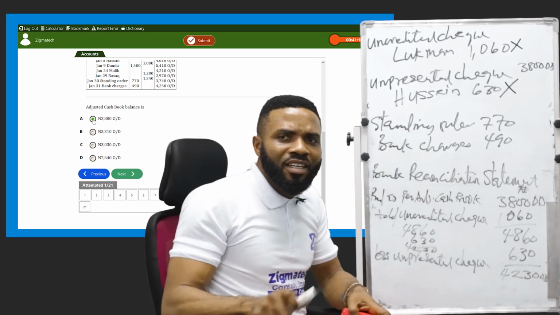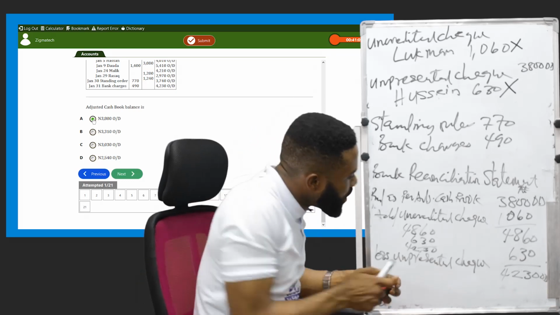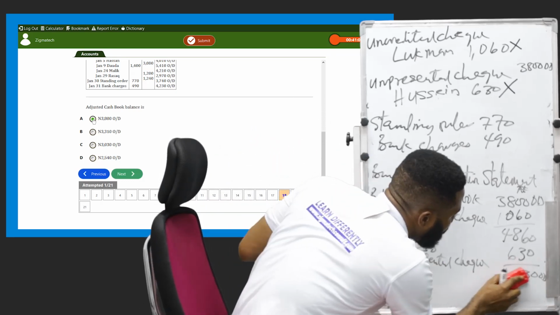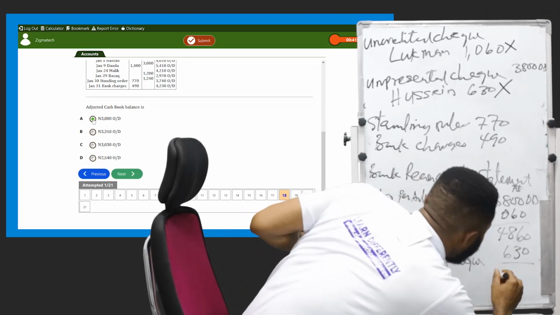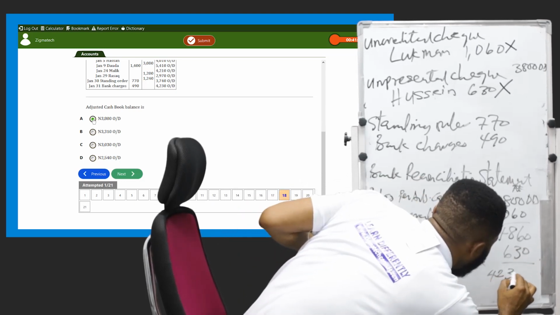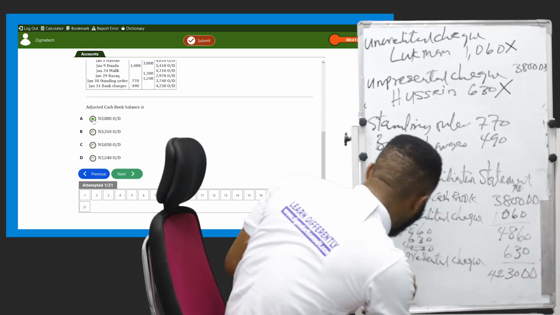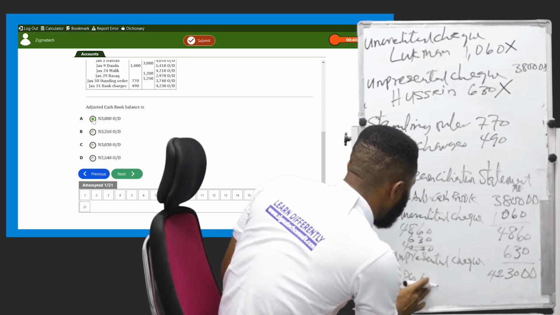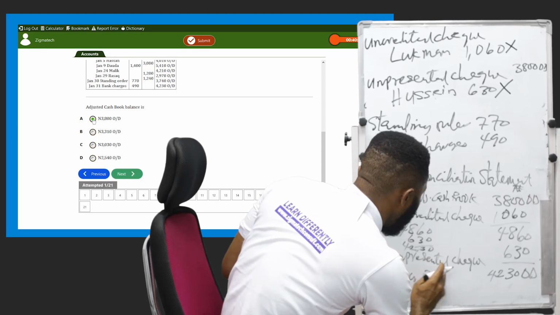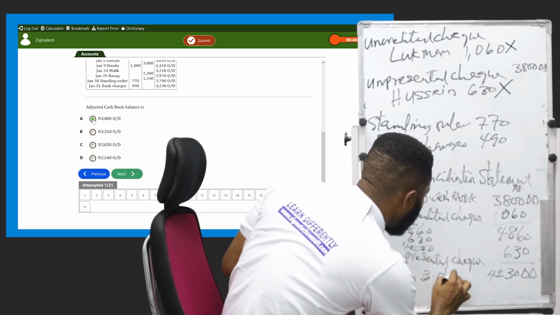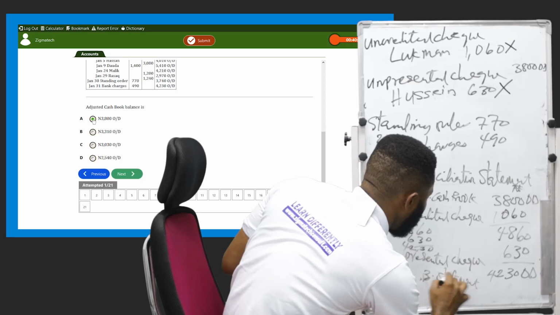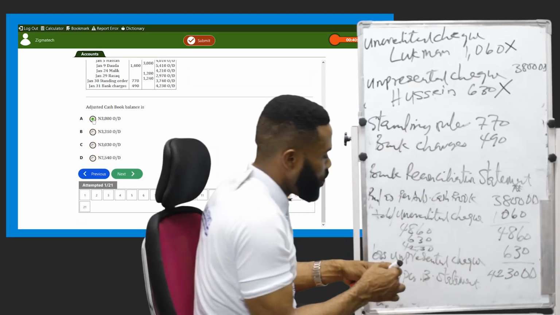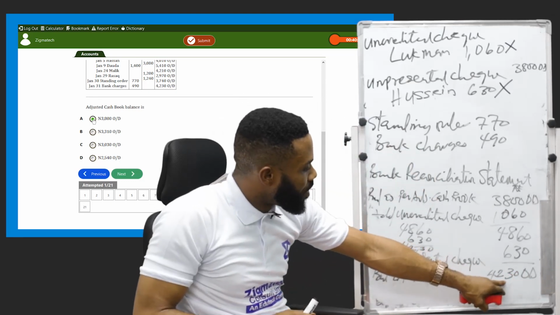Can you see the balance of the bank there? So this value now, 4230 OD, is what we call balance as per bank statement.